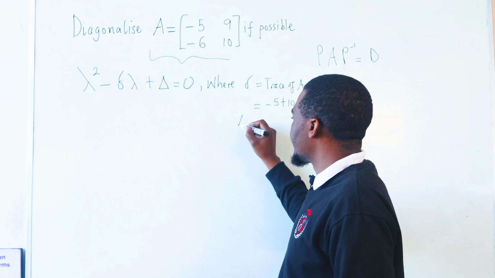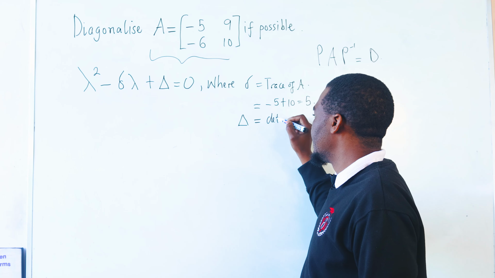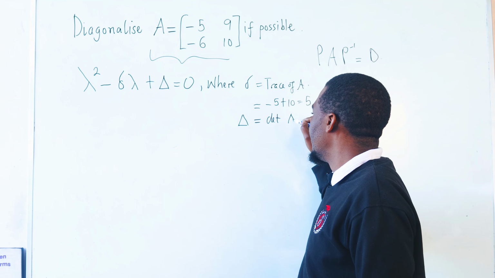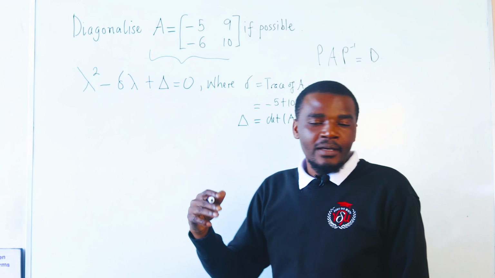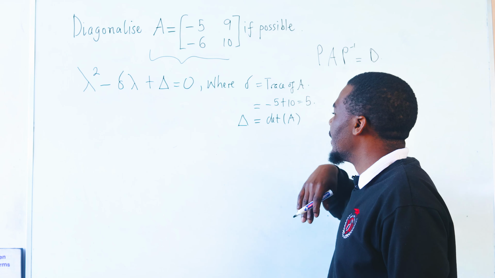What about delta? Delta is the determinant of matrix A. How do we calculate the determinant of this given matrix?